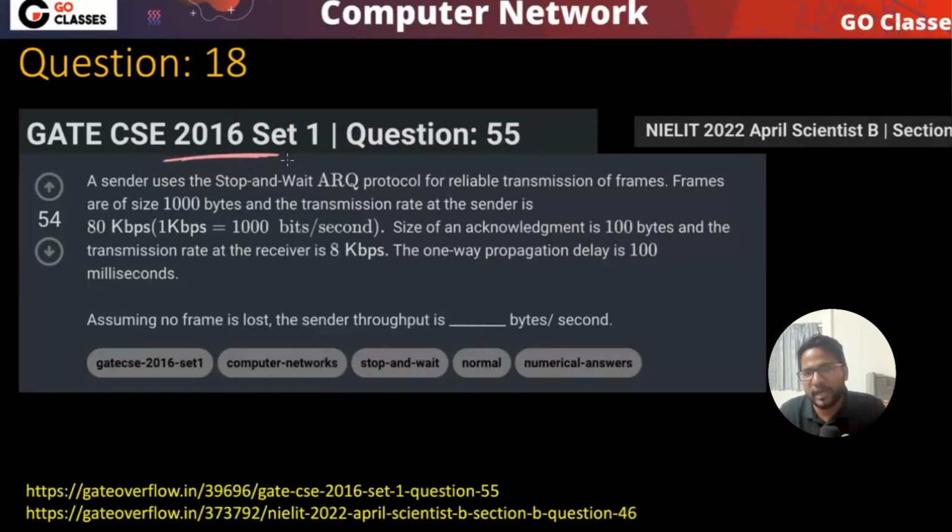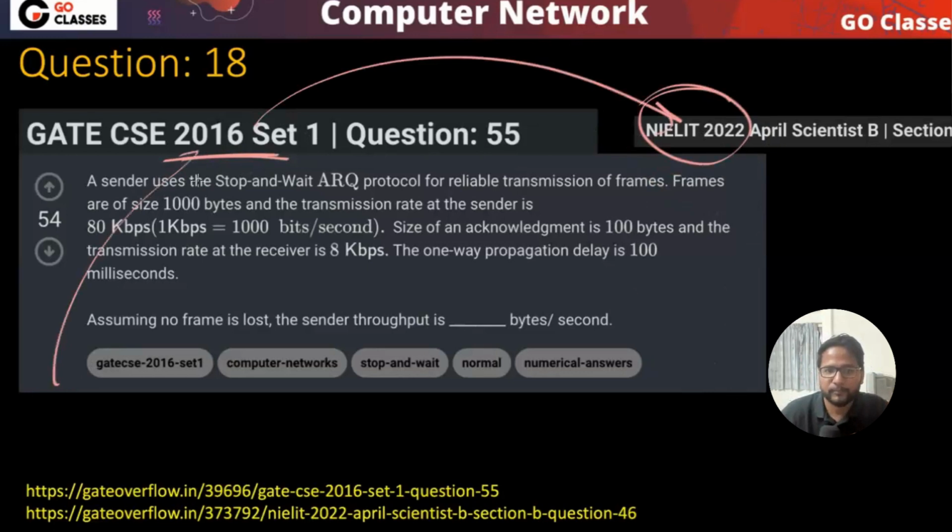This question has been directly taken from MIT University. And later on, NIELIT also copied this question. Okay. Later on, NIELIT also copied this question from GATE, but GATE copied from MIT. Okay. There is a chance that MIT might have copied from GATE, but I don't think that's the chance.